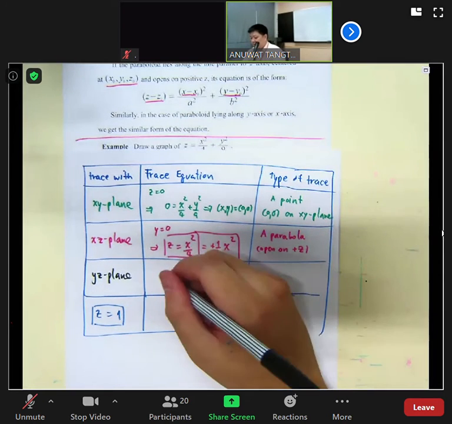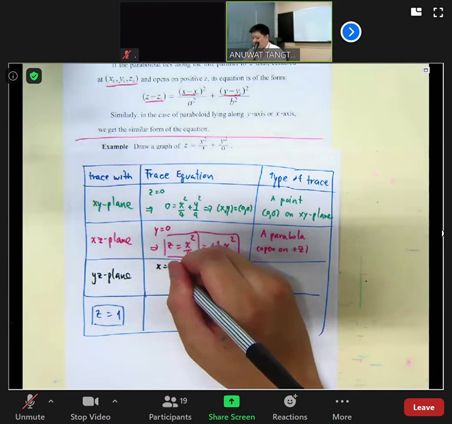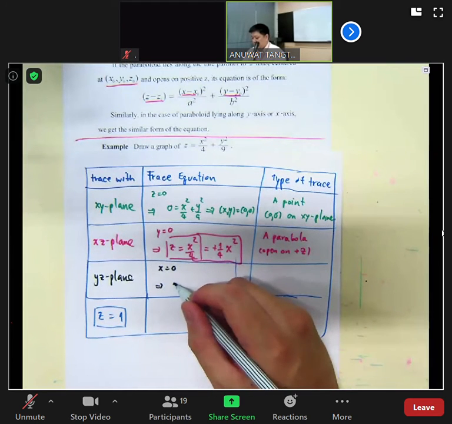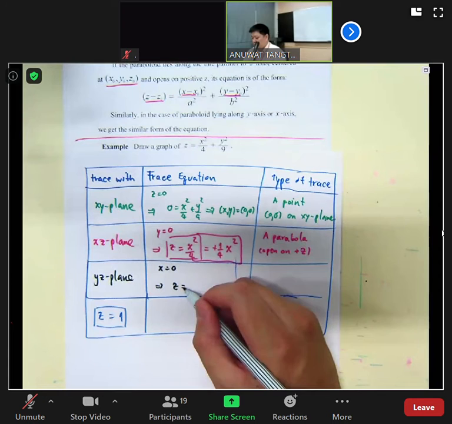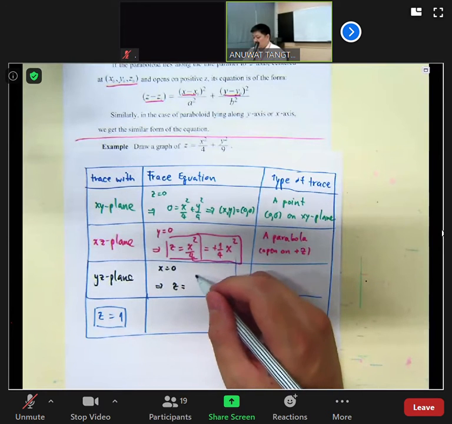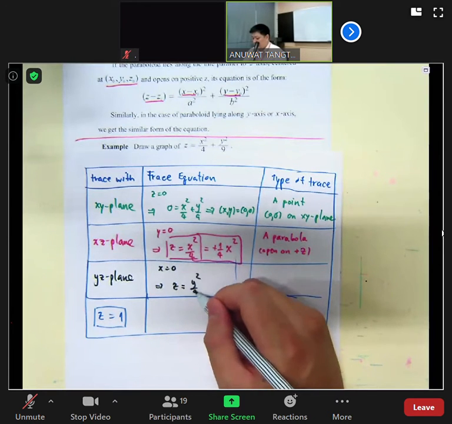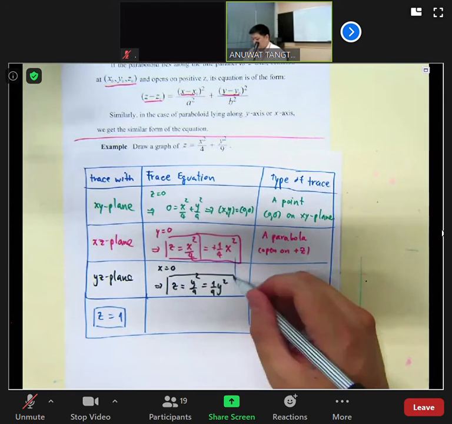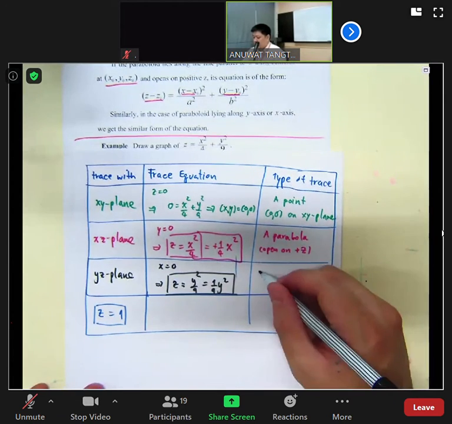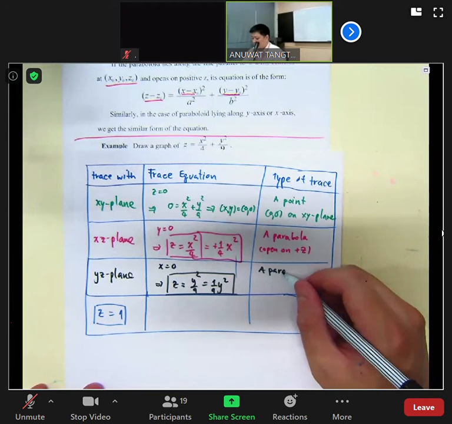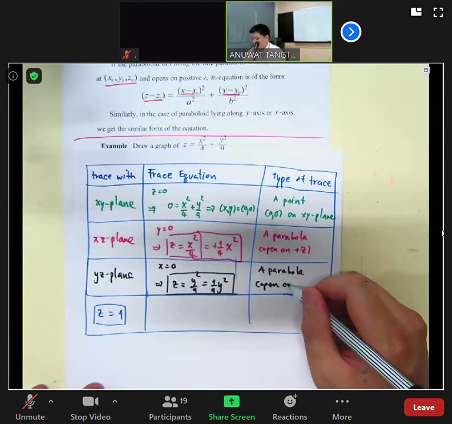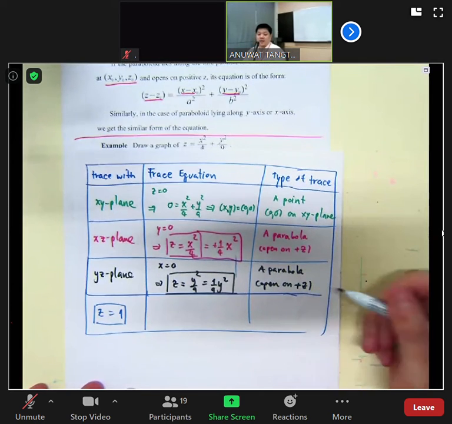And lastly, we let x be 0, so we would get z equal to y squared over 9, or 1 over 9 y squared. And this is another parabola, opening on positive z again.